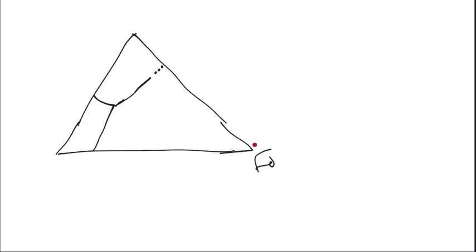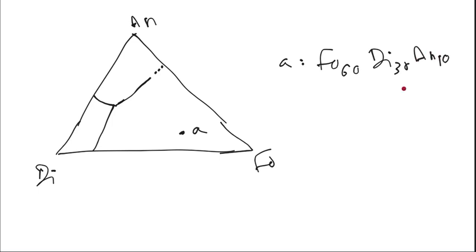Okay, this is phosphorite, anorthite, dioxide. So this is the point A. At point A, I have taken phosphorite 60, dioxide 30, anorthite 10.